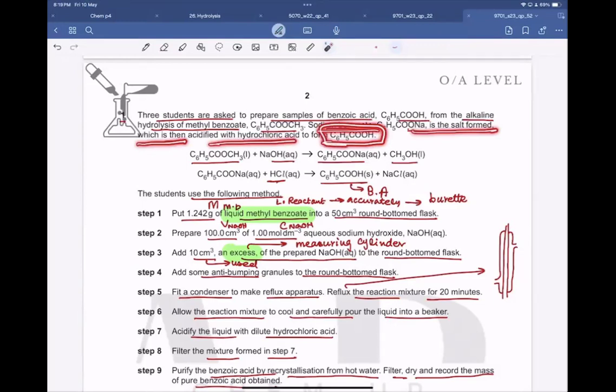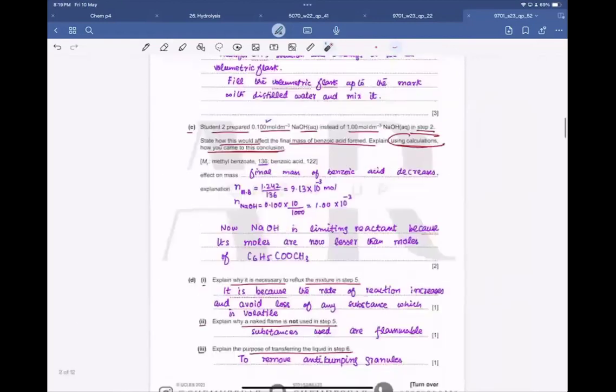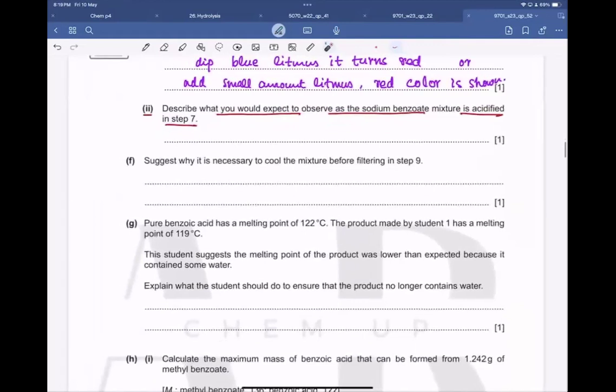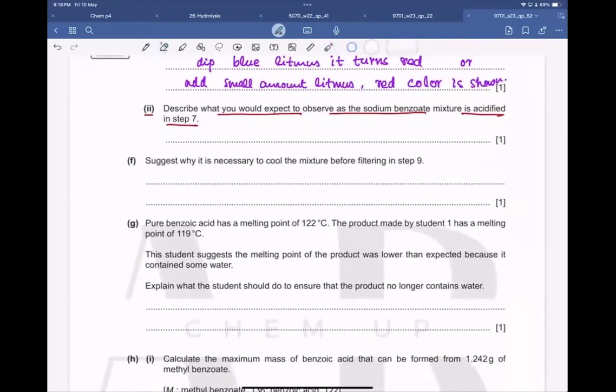This is the benzoic acid, right? Litmus is a solution, an indicator, right? Okay, so what is the state of this? Over here, they are aqueous, and we are getting a solid. So it means it's insoluble. And if it's insoluble, then what will we observe? We will observe that precipitates will form, or precipitation occurs. But for a solid, we always write precipitates.